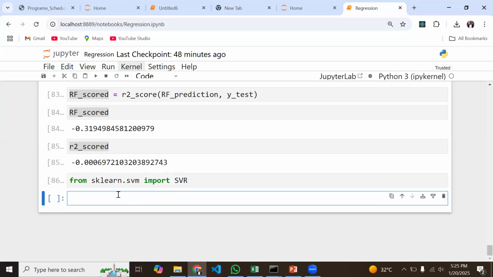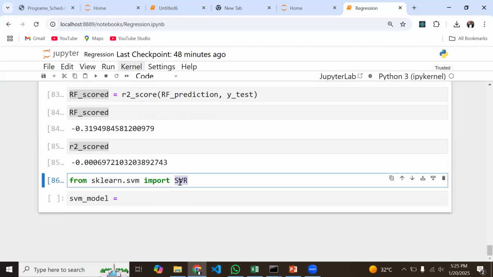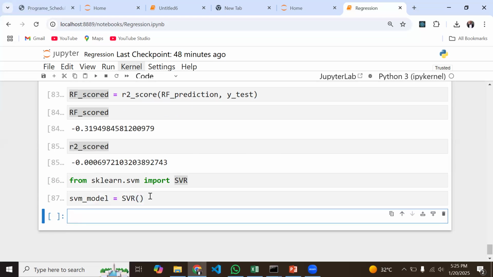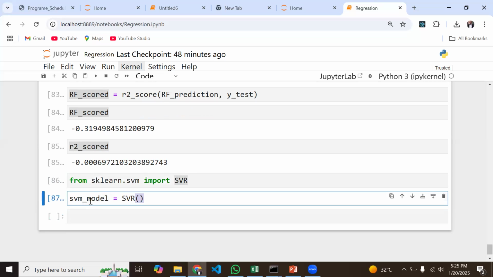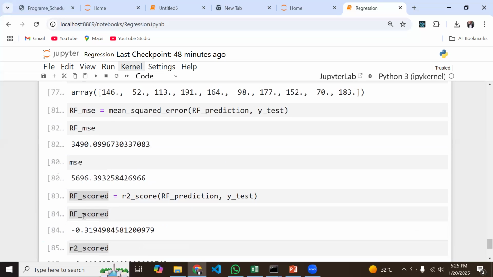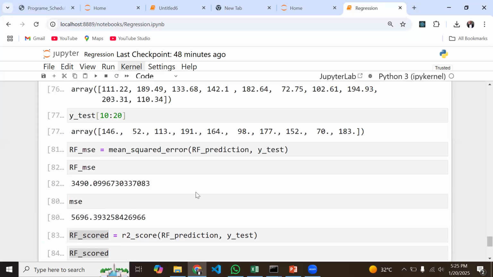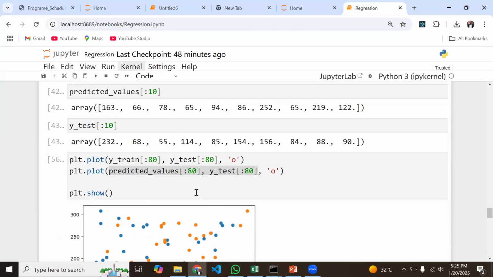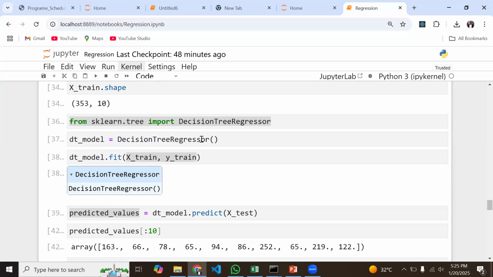So we call this, and then let me call this SVM underscore model. And that's going to be this. And then we instantiate it this way. Now I'm going to say this dot fit. And then what I want to fit is the X train, Y train, this as well.